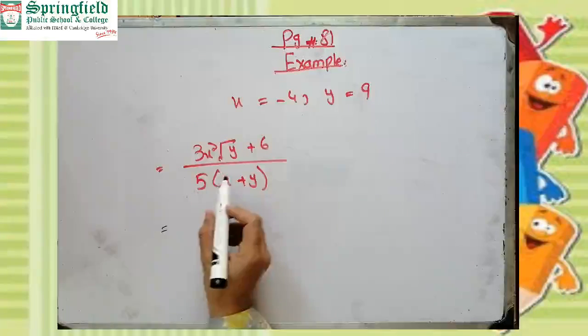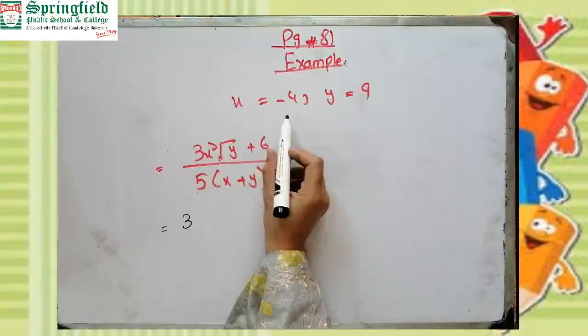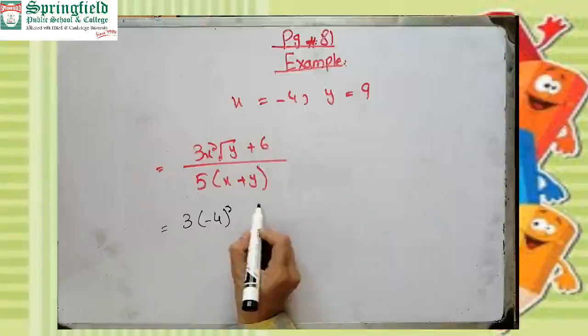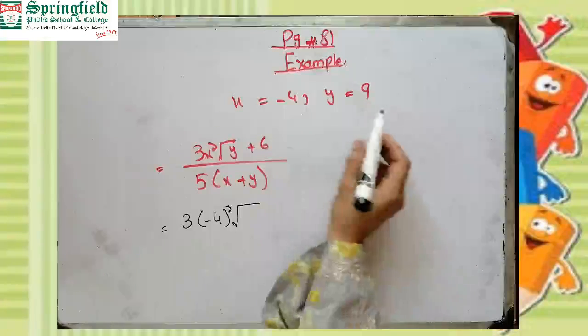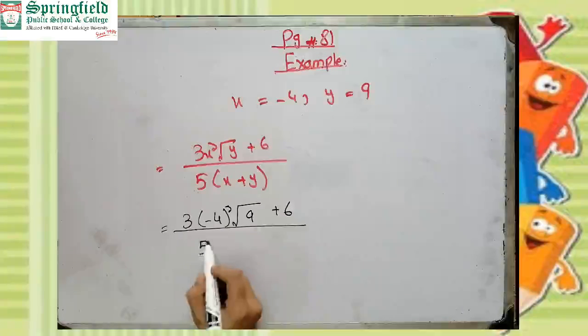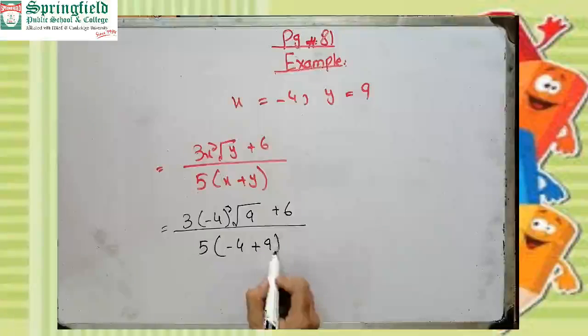So put the value of x and y here. 3x, as we know x is equal to minus 4, so write minus 4 whole square, and then put the value of y, which is 9, plus 6 divided by 5 times x, which is minus 4, plus 9.